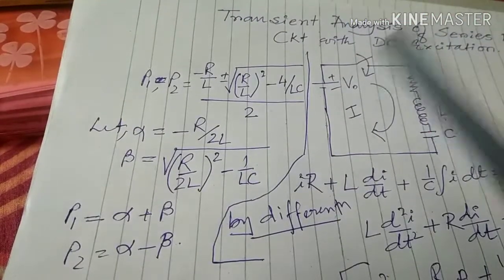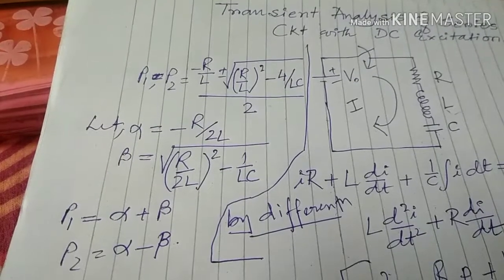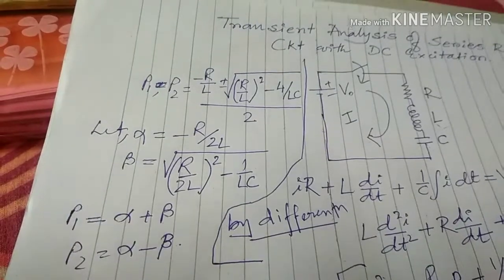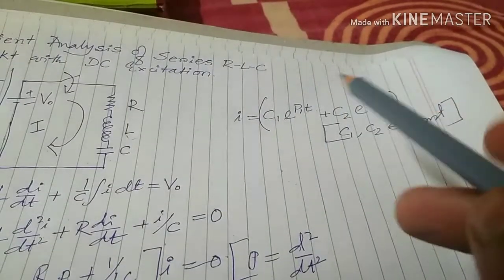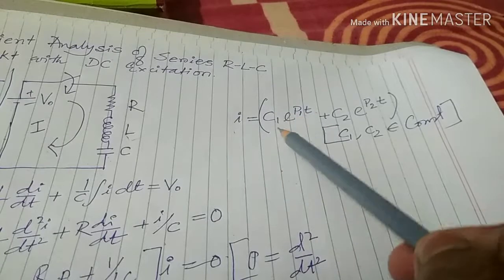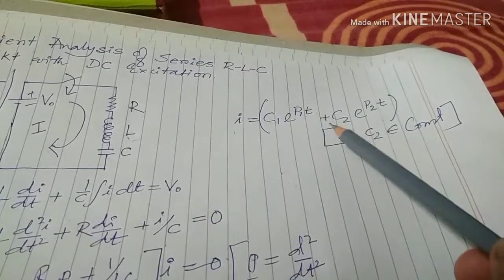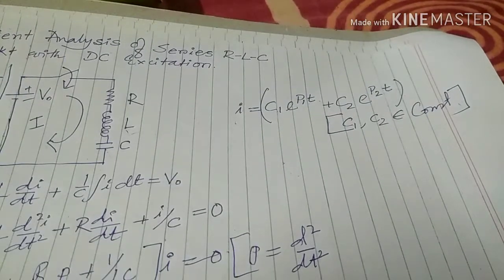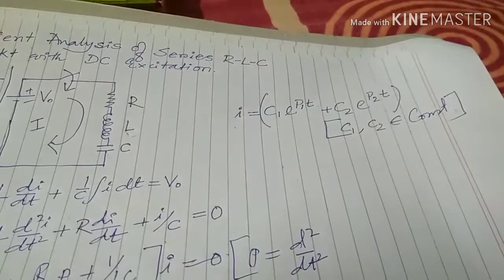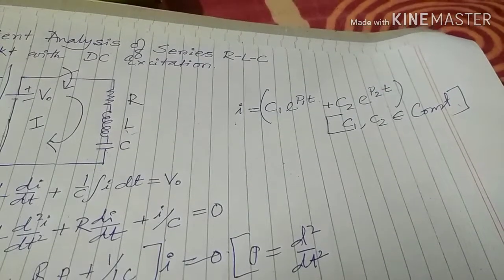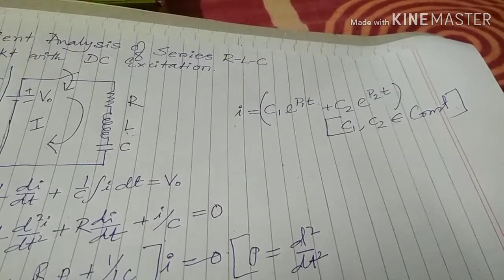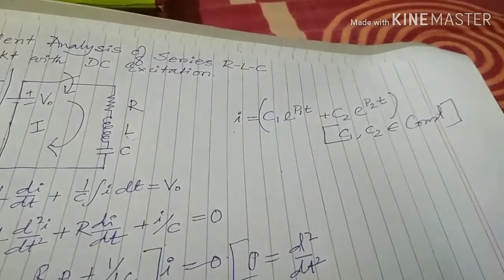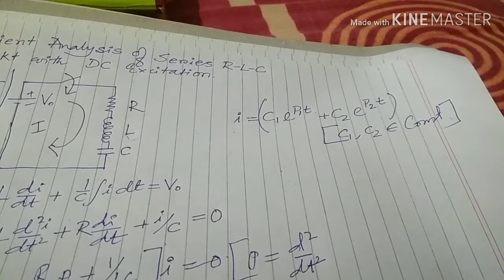Now we come to the solution of the differential equation, which is I equals C1 e to the power P1 t plus C2 e to the power P2 t, with C1 and C2 as constants.